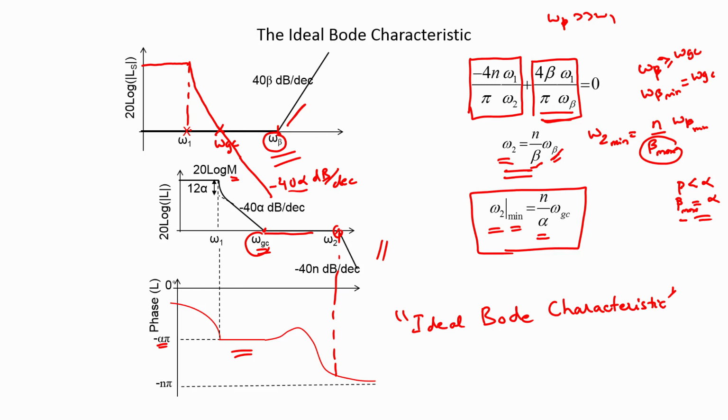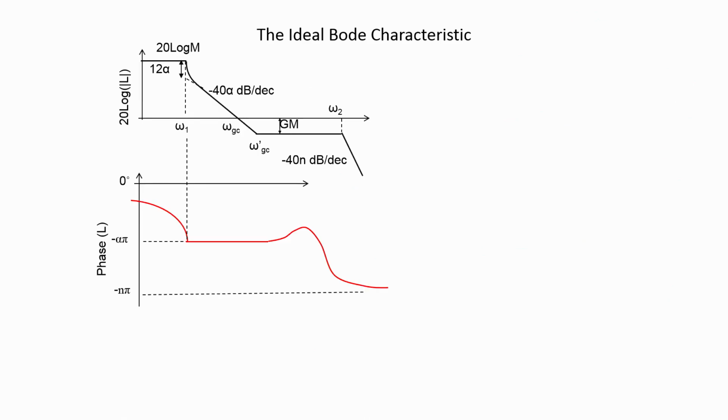So to remedy this small problem with the ideal Bode characteristic as it has been drawn here, what we would do is to continue the magnitude characteristic at minus 40 alpha dB per decade up to a frequency omega prime gc, and this omega prime gc is a frequency at which the loop gain falls to minus gm decibels, where gm stands for the gain margin.